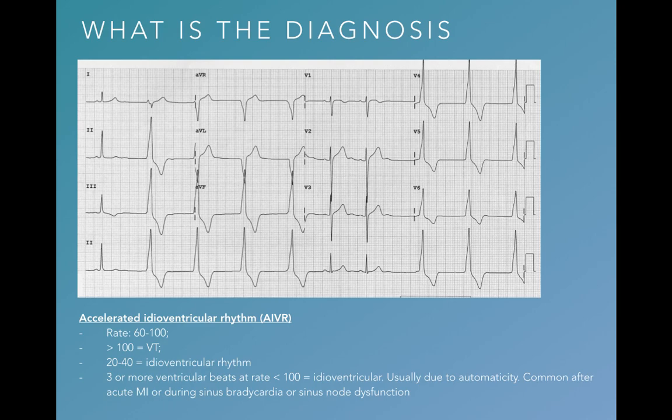The jargon gets a little complicated and numerous, but a normal idioventricular rhythm is 20 to 40. An accelerated idioventricular rhythm is going to be above 40, like a normal rate, 60 to 100. If you see this, but it's over 100, the patient would be considered to be in ventricular tachycardia, or VTach. So that's a problem.